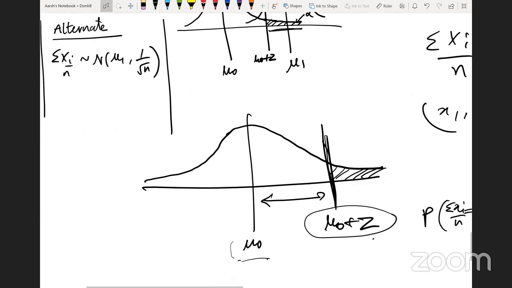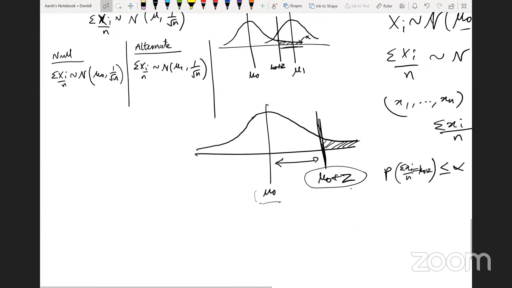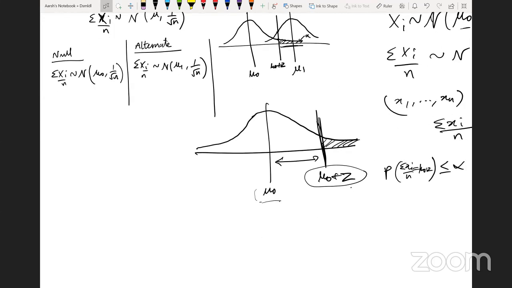So what we can devise for the test is that we compare the value of the sample mean with respect to mu naught, and we make the test reject it if this area is less than alpha. So is that okay? Are there any doubts? Harsh?